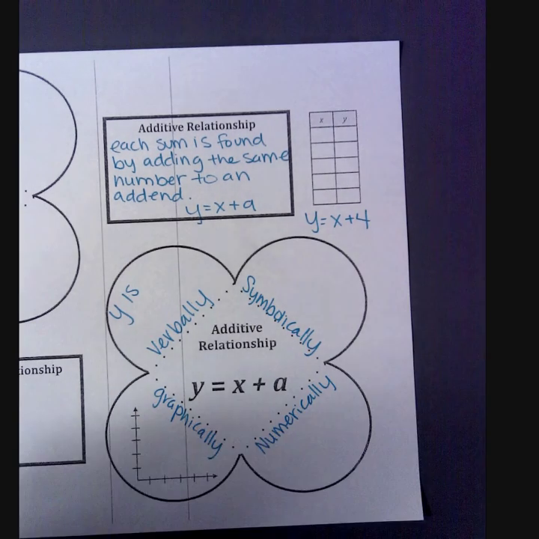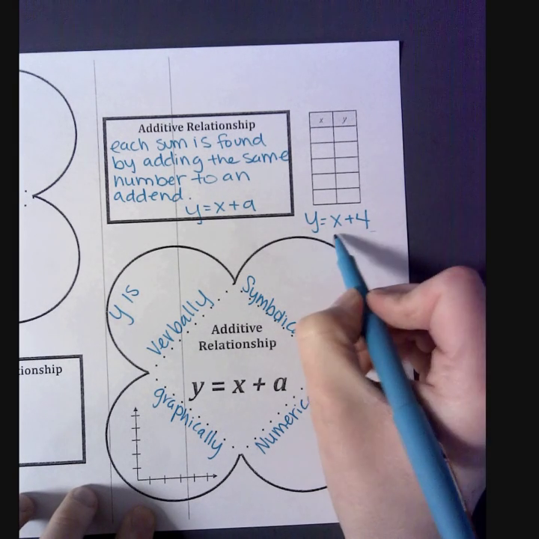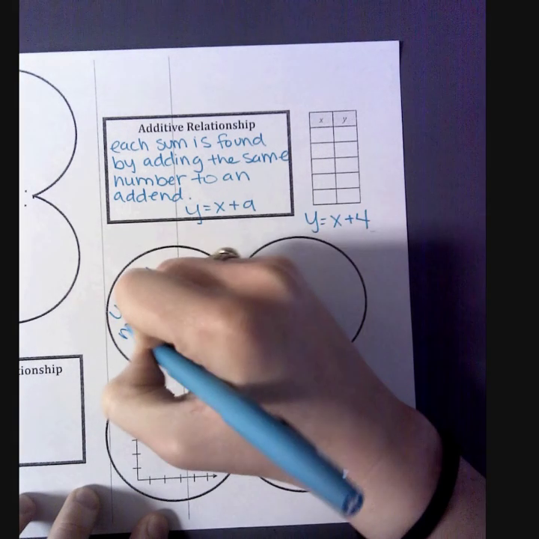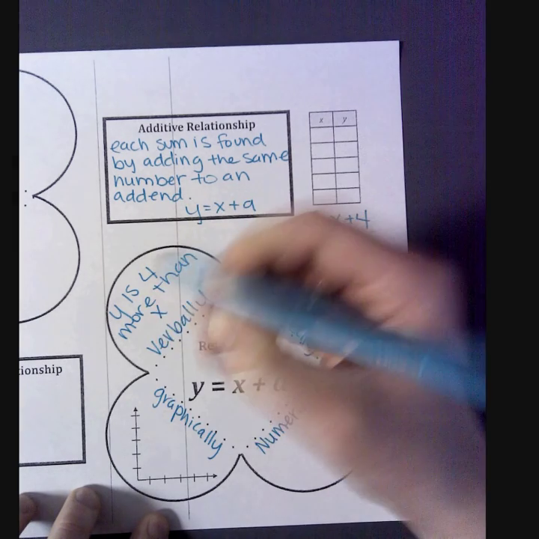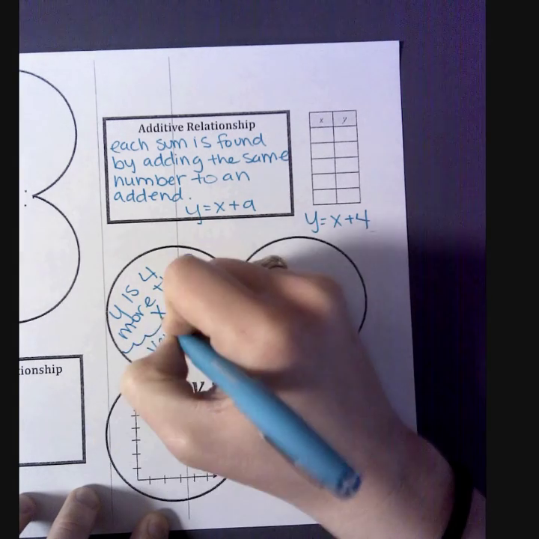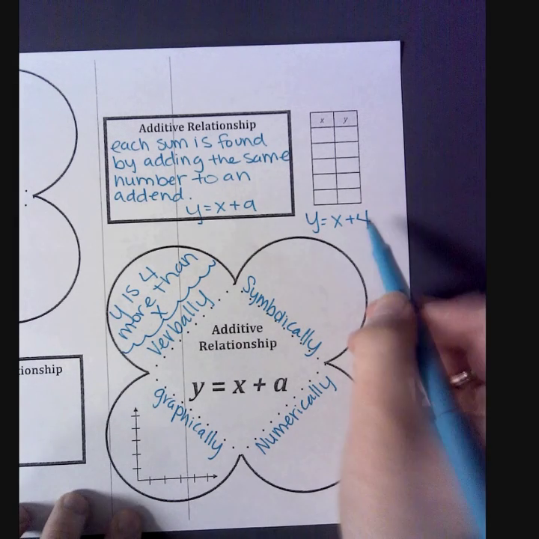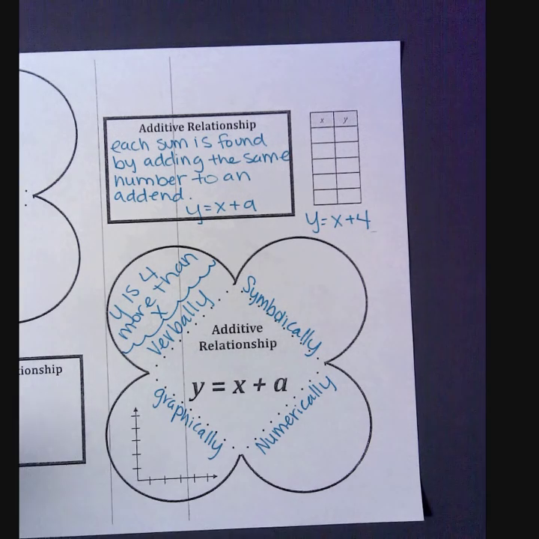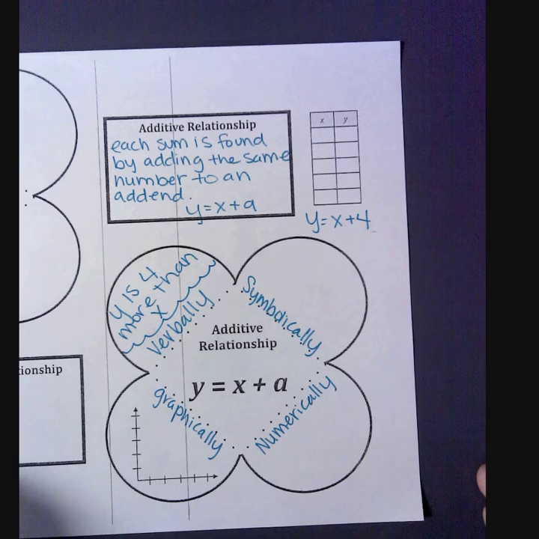Let's think about that. Y is 4 more than x. So think about that, 4 more. That's all we're doing there, seeing what that would look like in a word problem or something.